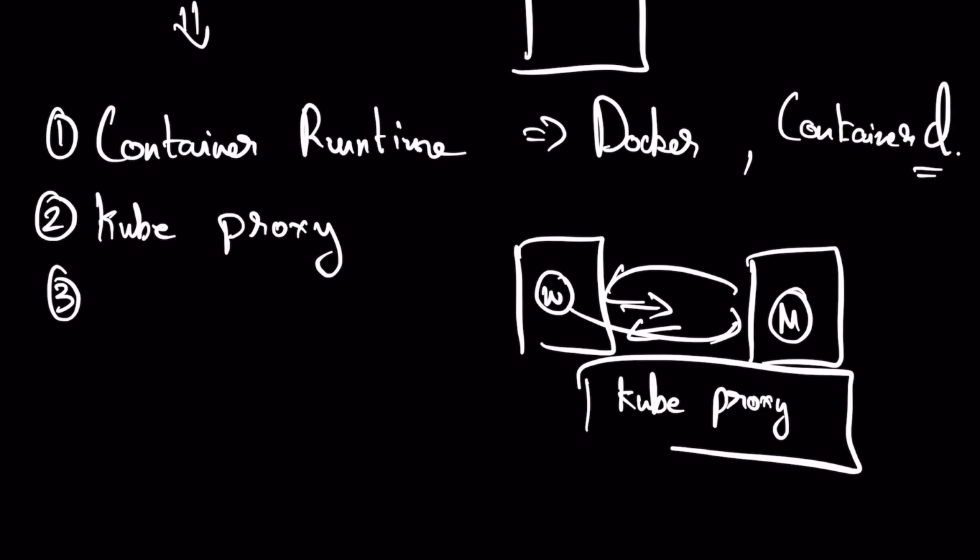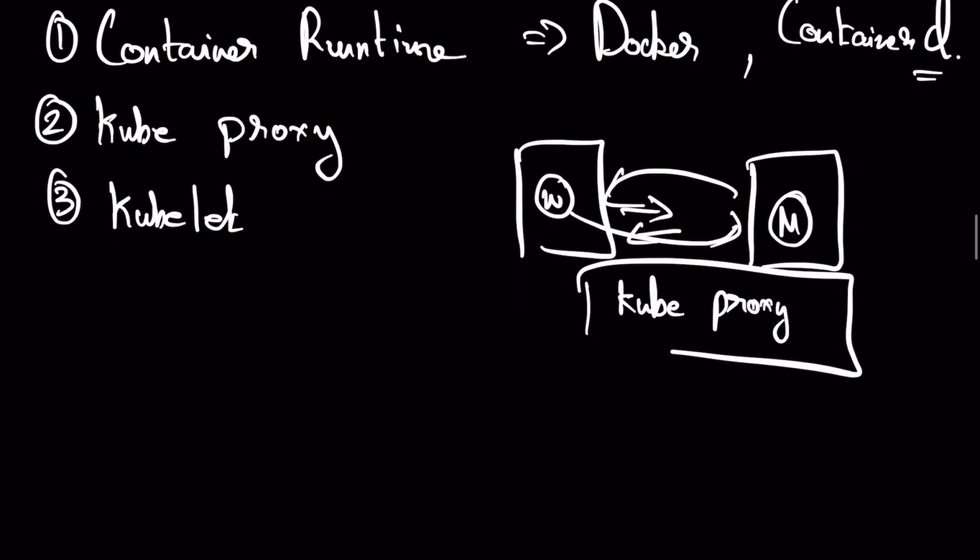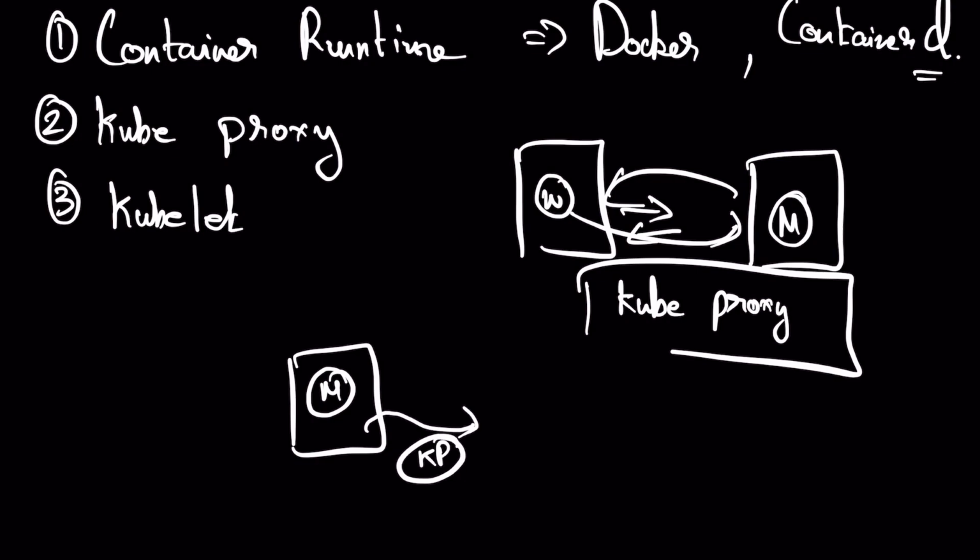And the next important one is kubelet. So many people say it acts as the captain. For example, when the master node senses that an application has to be placed on a worker node, what it does is it communicates via the kubeproxy and it reaches the worker node.